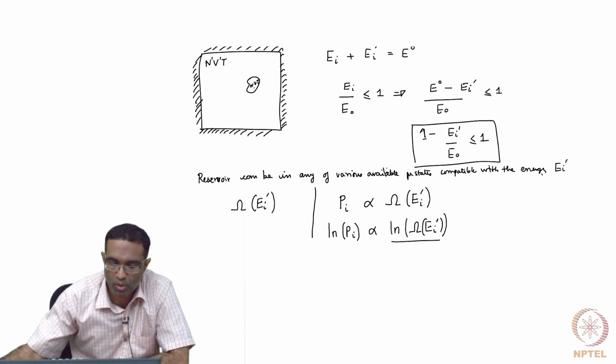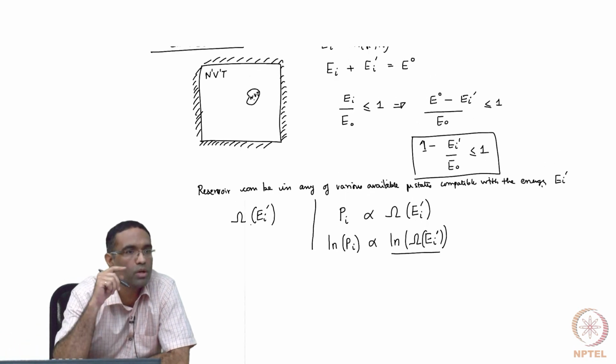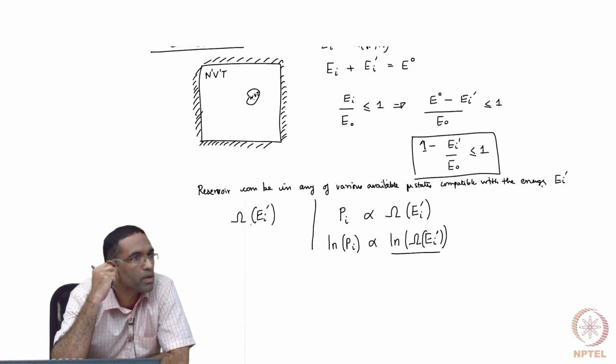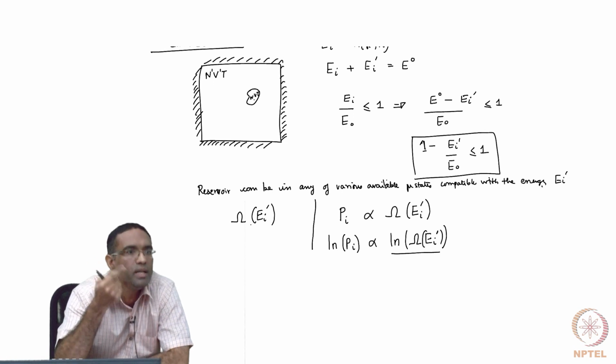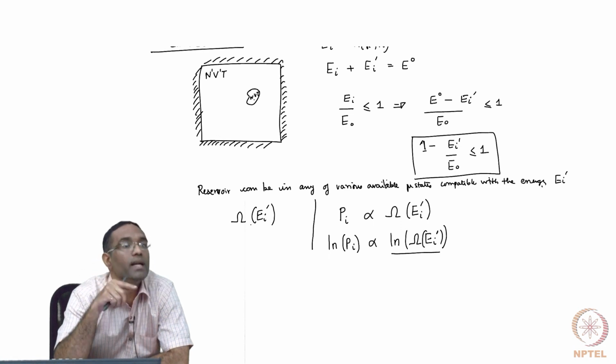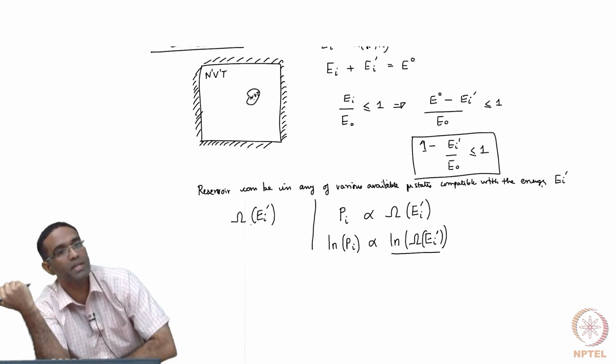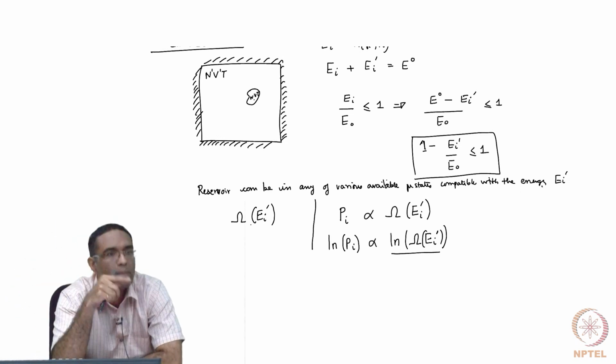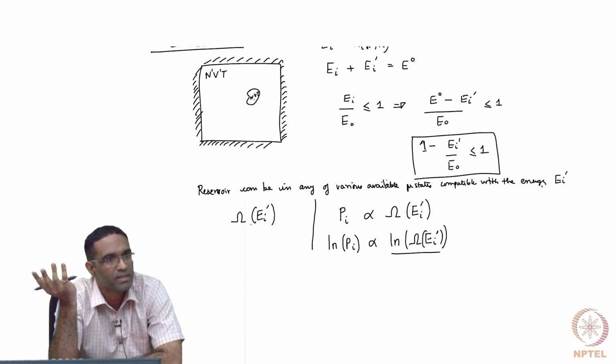So omega of EI prime is the total number of microstates that the reservoir is in. The larger the number of microstates available for the reservoir to be in EI prime, the greater the probability that it is actually in EI prime, which essentially means the greater the probability that the system is in energy EI, because EI prime minus E naught is EI, isn't it?